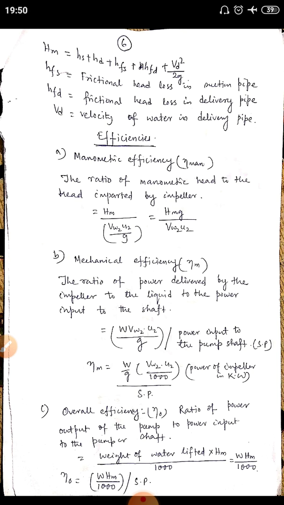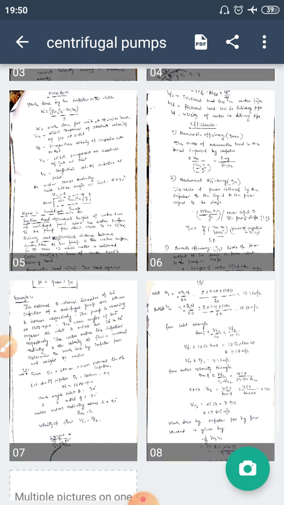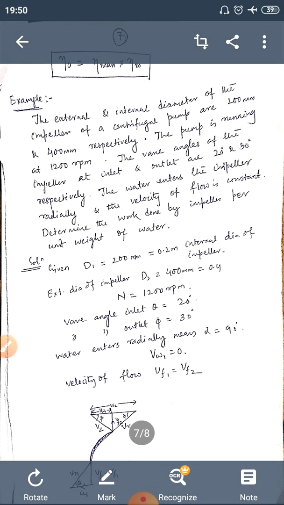And the overall efficiency is equal to the mechanical efficiency into the manometric efficiency.